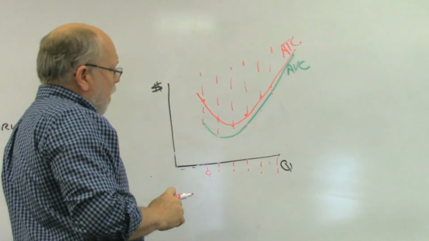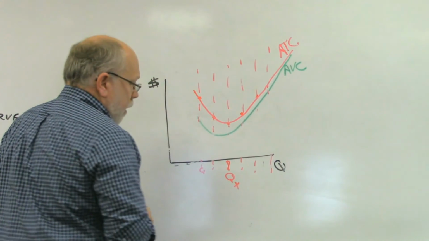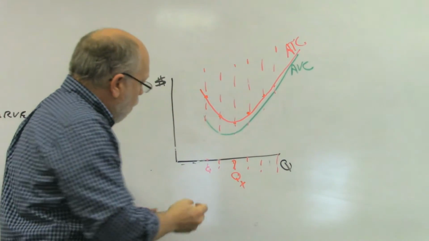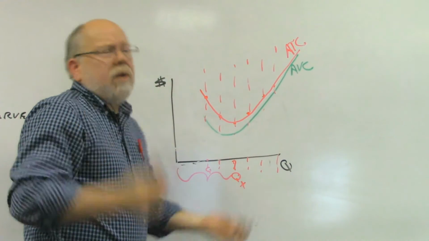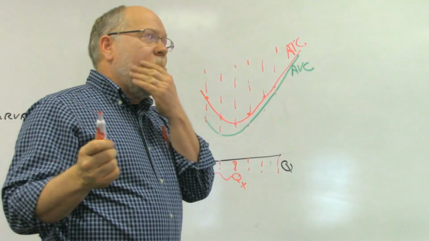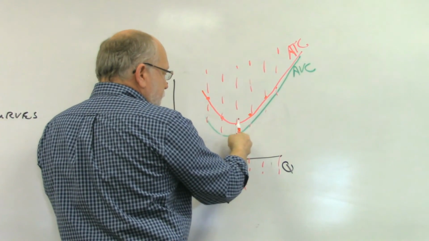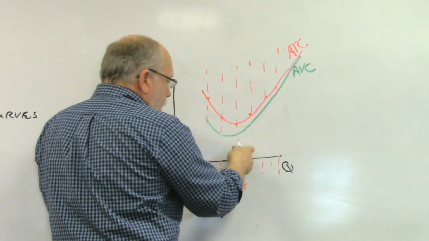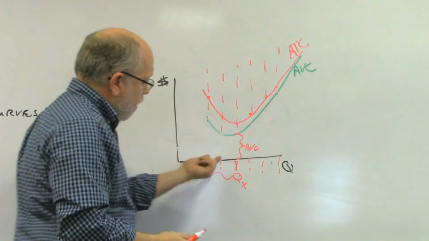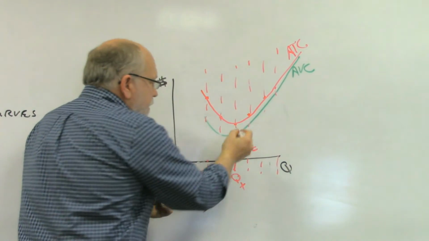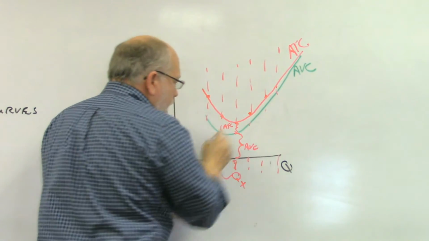So let's say, for instance, let's go out here to this particular quantity X right there. And we want to know, when we produce this quantity, what is our cost per unit? Well, our cost per unit is going to be the summation of our average variable cost, right here, because that's underneath the variable cost curve, and this dimension here, as we just saw, was our average fixed cost.